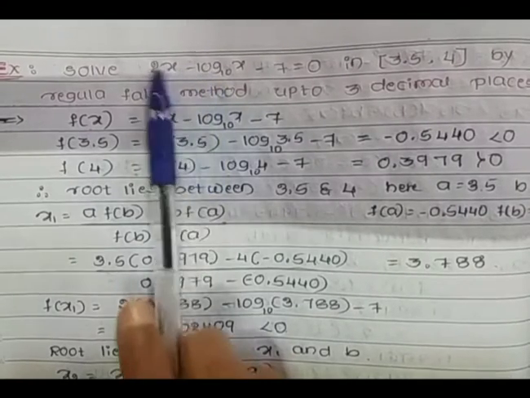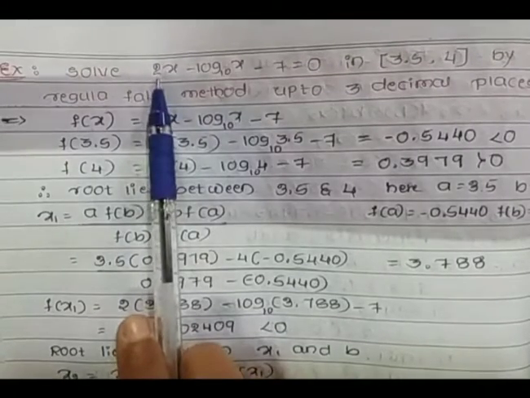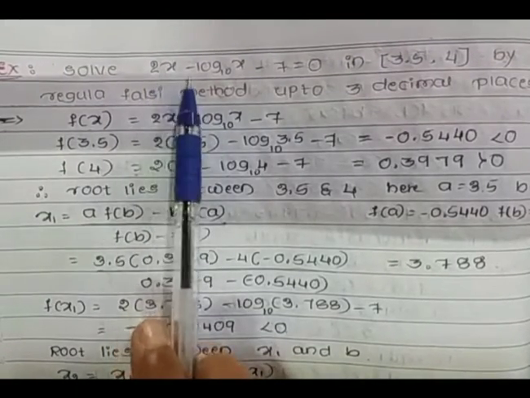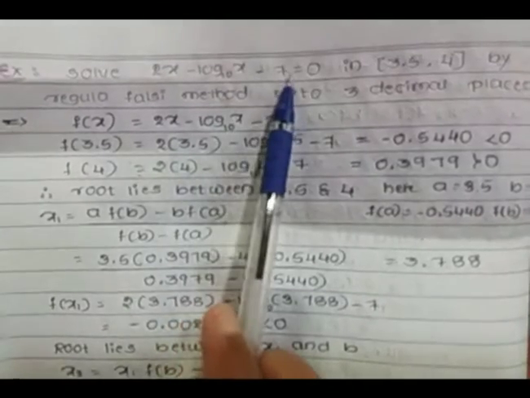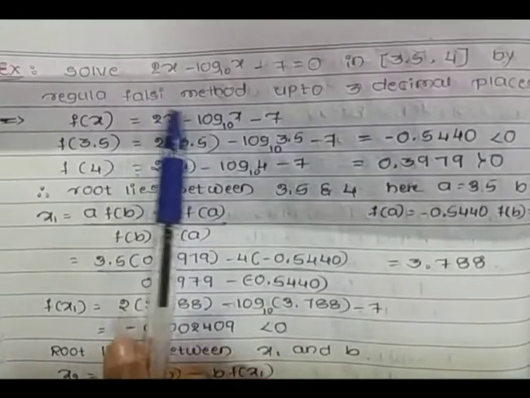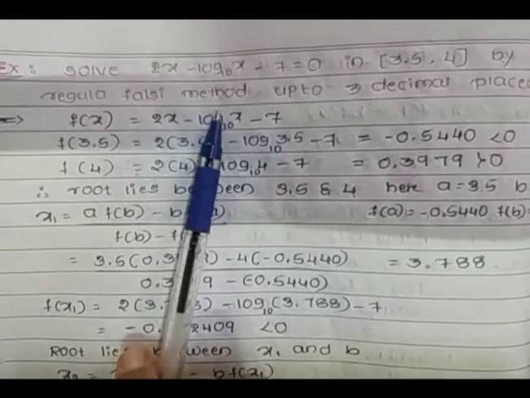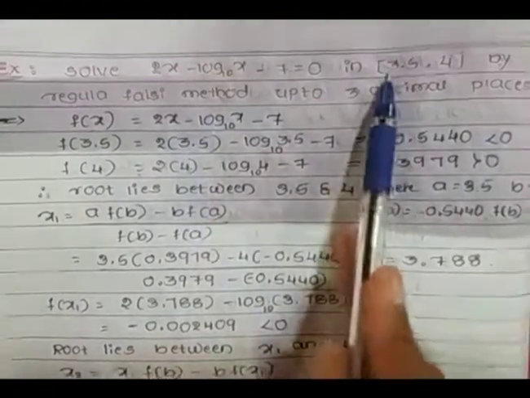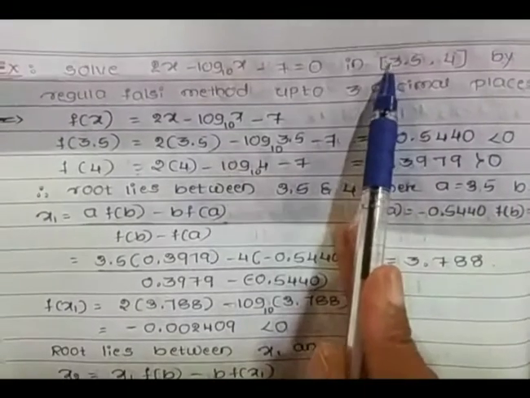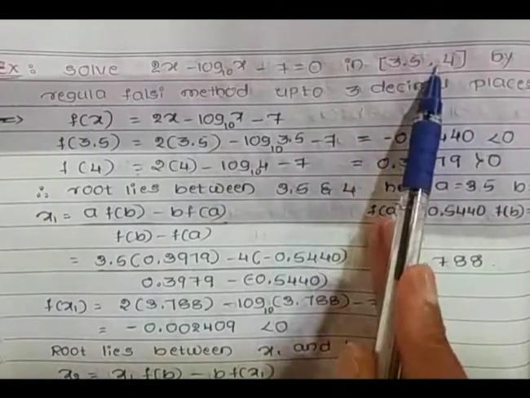So here we need to solve this transcendental equation, that is 2x minus log x to the base 10 minus 7 is equal to 0, using the regula falsi method, which is also called the false position method. And the interval is already mentioned, that is 3.5 to 4.